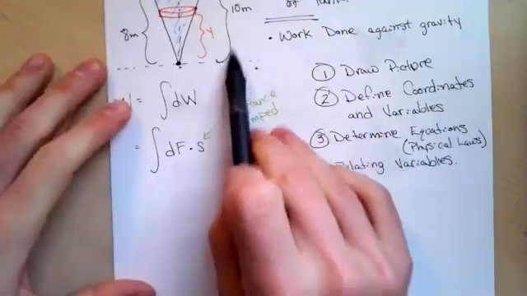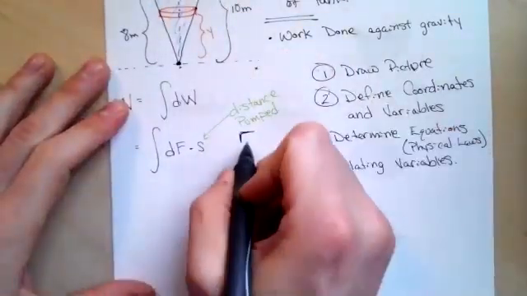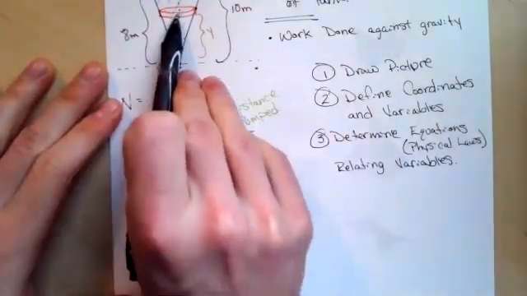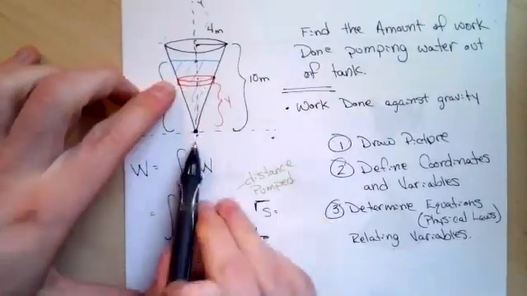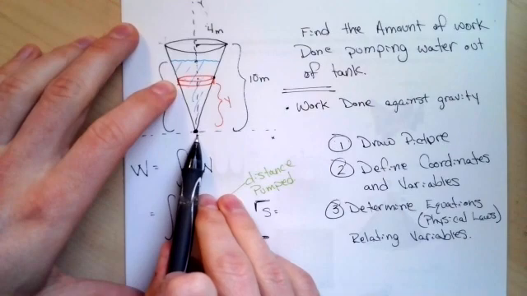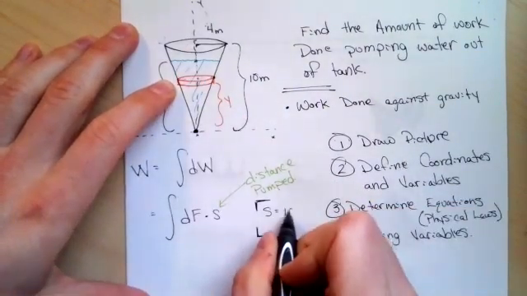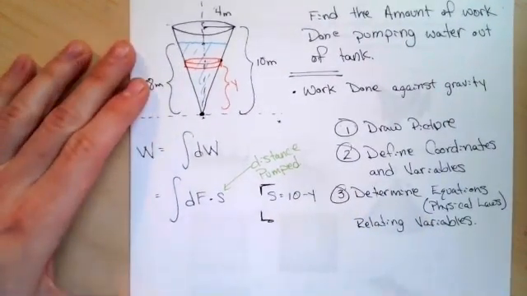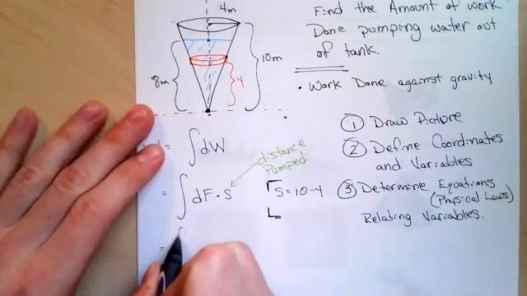If the entire height of the tank is 10, then if a disk is sitting at a coordinate of y relative to our system, how far do we have to pump it out? 10 minus y. So that part is easy enough.